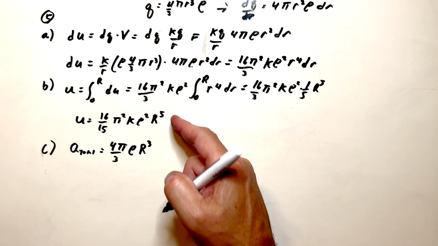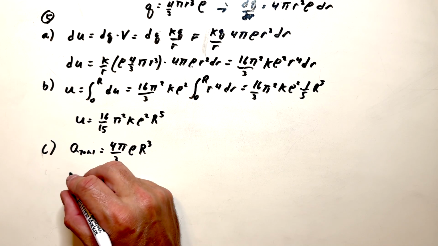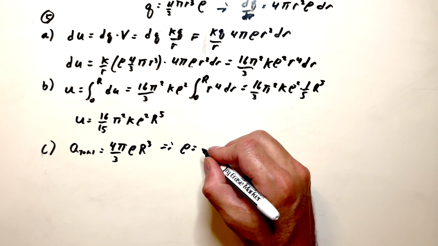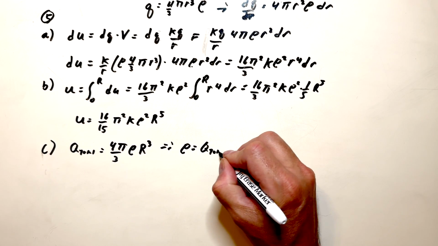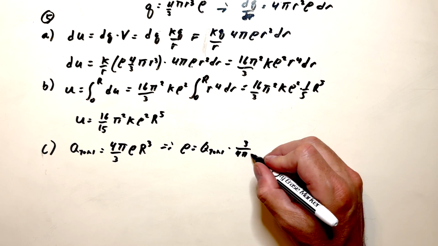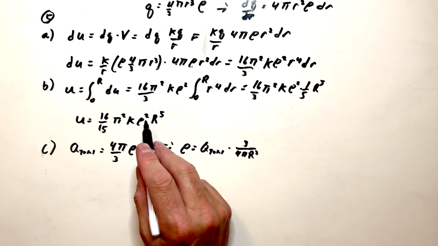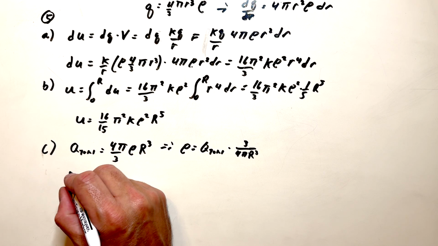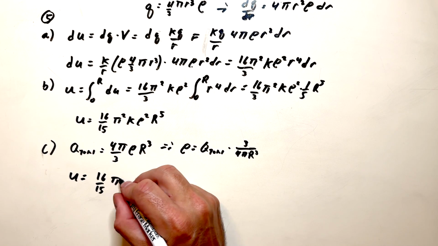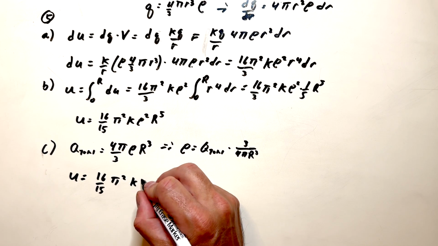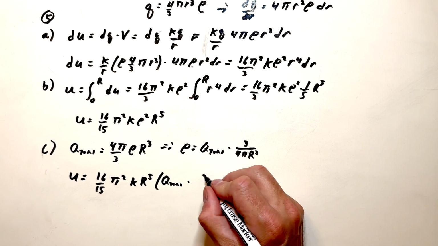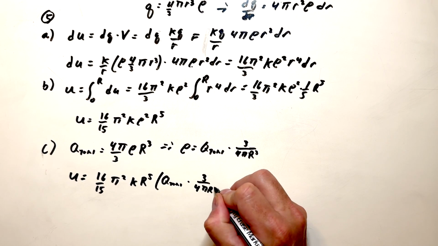This implies that rho is equal to Q total times 3 over 4 pi R cubed. So we'll substitute that in here. So U is equal to 16/15 pi squared k R to the 5th times Q total times 3 over 4 pi R cubed.